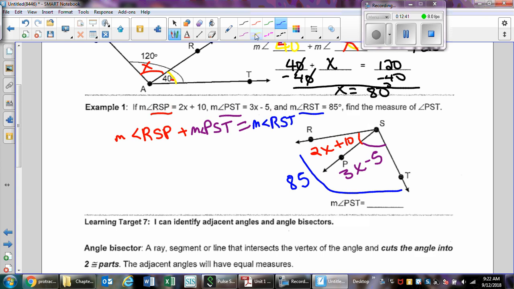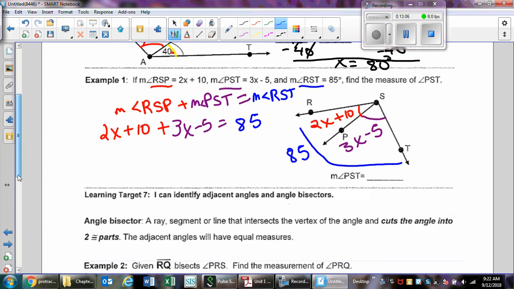Okay, now if you put in what we have as a red, which is 2x plus 10, plus the purple one, which is 3x minus 5, equals the blue one, 85. Okay, so I need you to combine like terms and be able to do it, but we'll go over it more in class. Okay, good job.